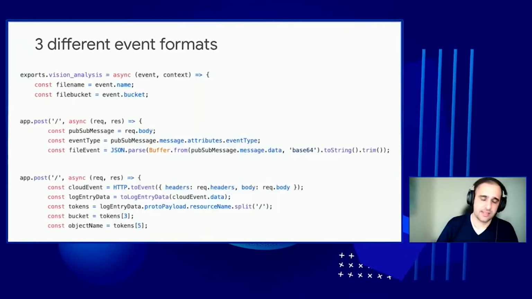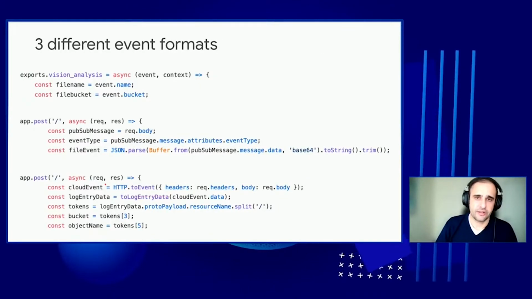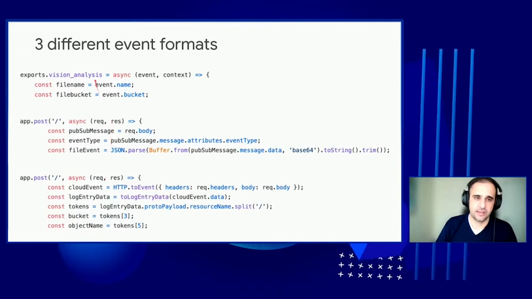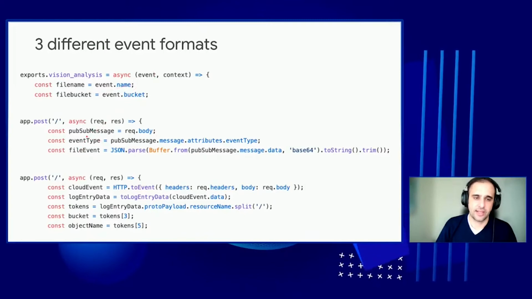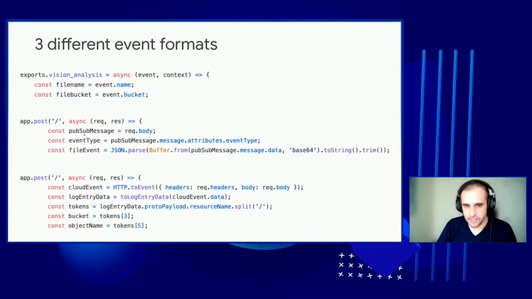And by the way, these are the 3 different eventing formats I mentioned, and they have real implications in your code. You can see that in the first one, we are getting the event directly, so the event is very nice and clean. In the second one, in Cloud Run, we are getting it through PubSub. So we have to get the PubSub message, then look at the data field of the PubSub message, which is base64 encoded.